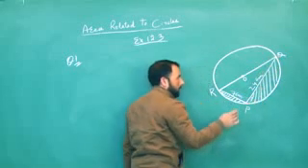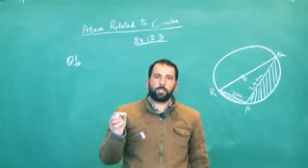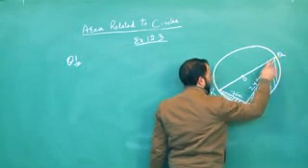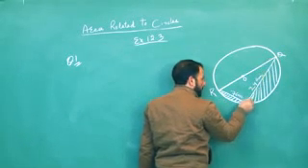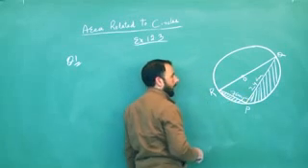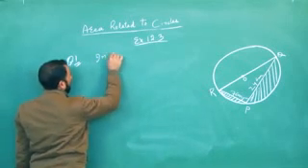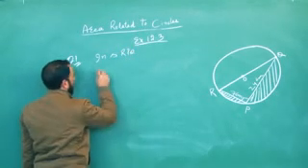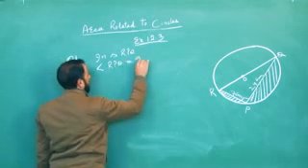We know that in class 9th, we have studied that angle in a semicircle is equal to 90 degrees. RQ is the diameter and this diameter subtends angle RPQ, that means this angle is 90 degrees. So in triangle RPQ, angle RPQ is equal to 90 degrees.